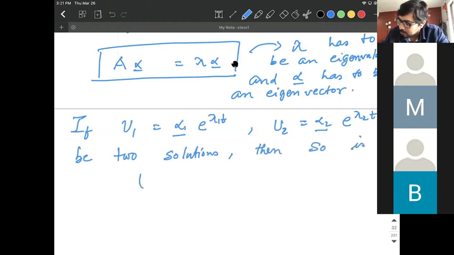Then if you take a linear combination, S times U1 plus T times U2, you can check that this U is also a solution.